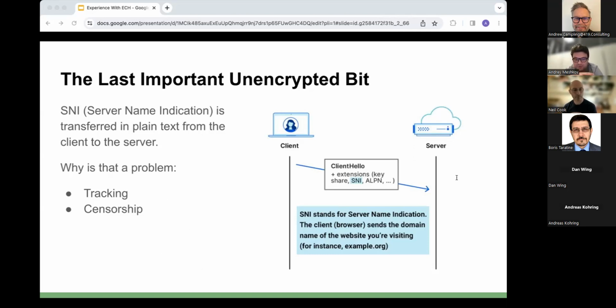The second issue is censorship. And relying on SNI for blocking is employed by every major government censor in the world. So China does that, Russia does that, Iran does that. They all rely on SNI to block forbidden domains.